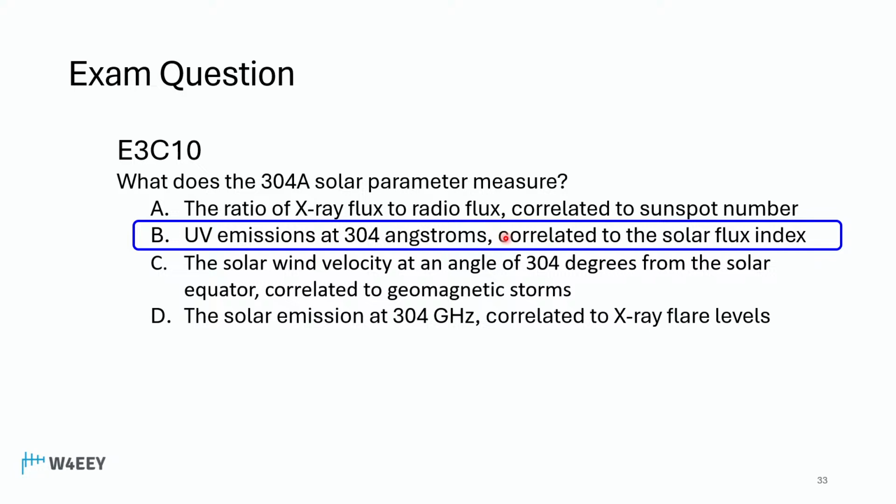But as long as you can remember that this answer, UV emissions correlated to the solar flux index, you'll have it. But angstroms is actually a measure of wavelength. Exactly, a unit of measure for wavelength. So it'd be listening at a specific frequency would be another way to say that. And I think it's 10.7 gigahertz or something like that.